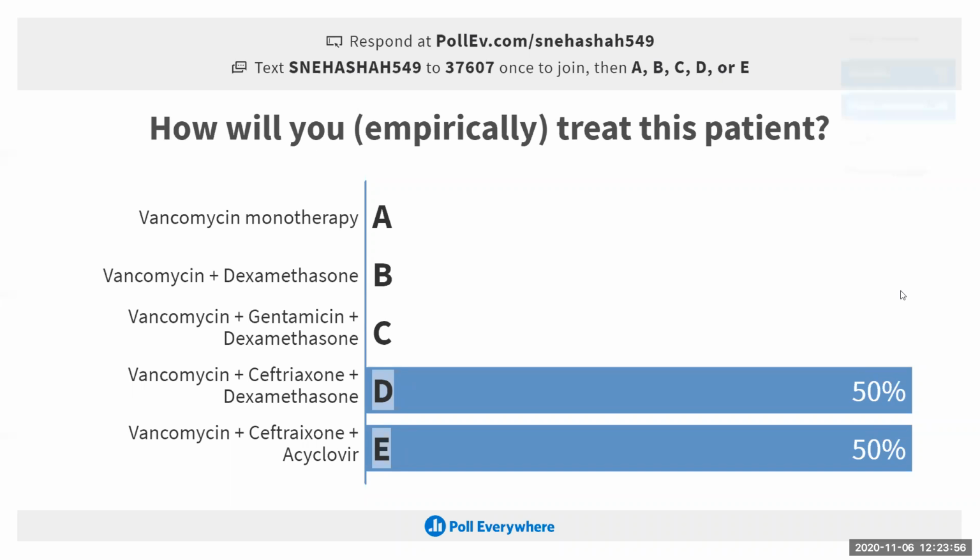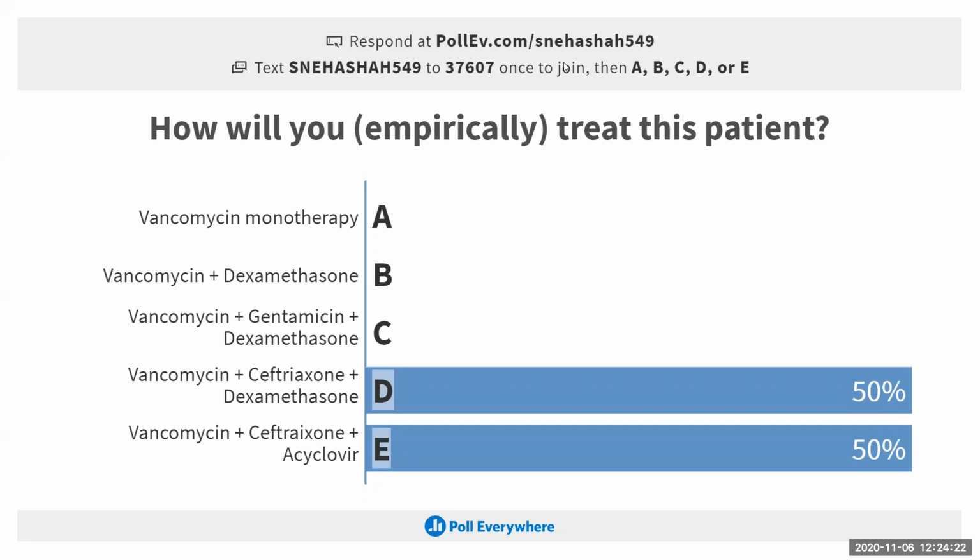So this is probably the most important question we're asking today, right? Because our job as residents, especially when we're admitting somebody alone overnight or without our attending in-house, this is the decision that we have to make about what treatment this patient receives. And hopefully the emergency department will have made that decision for you, because early antibiotics in sepsis is one of two things that saves lives.